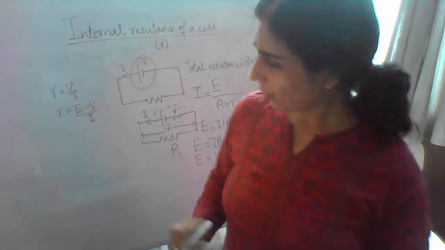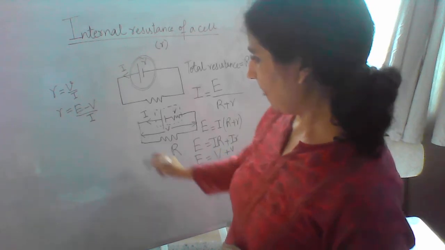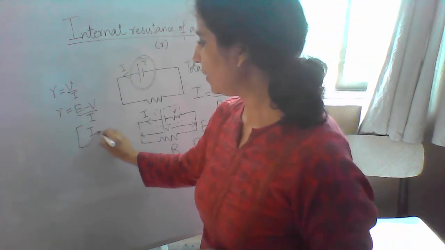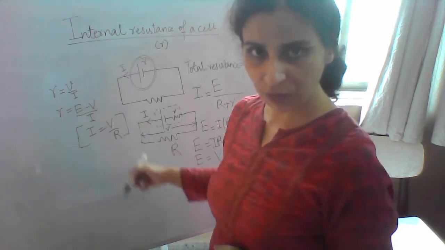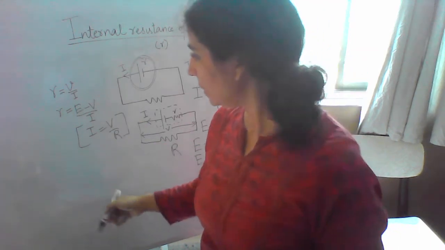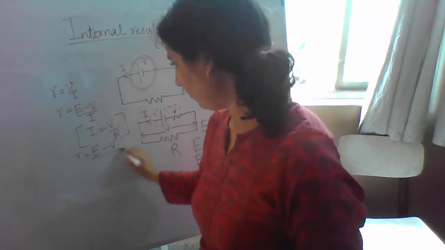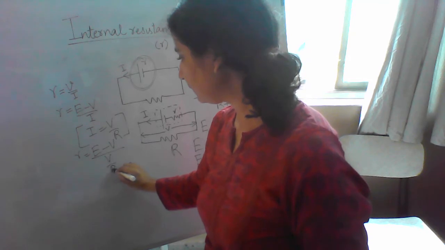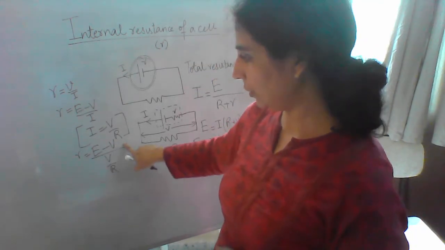Now, what is my I? I will take I from here. Let me write down I is equal to V by R. I will purposely take this because I want the equation to be in that manner. So r is equal to (E minus V) divided by (V by R). Division of a division is multiplication, so R will go up.